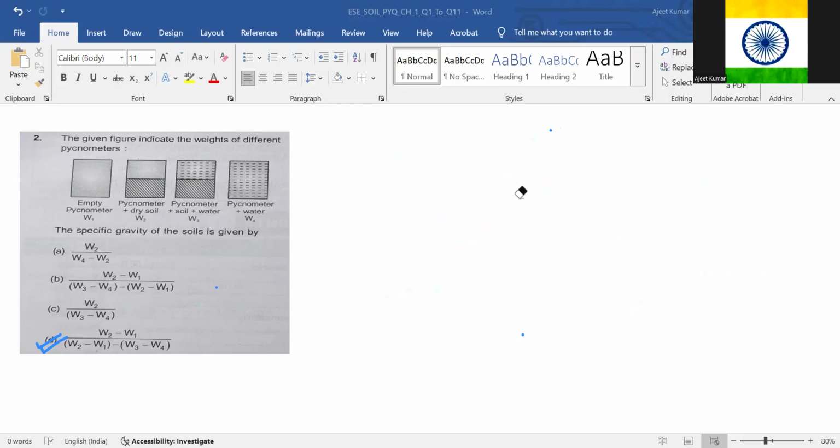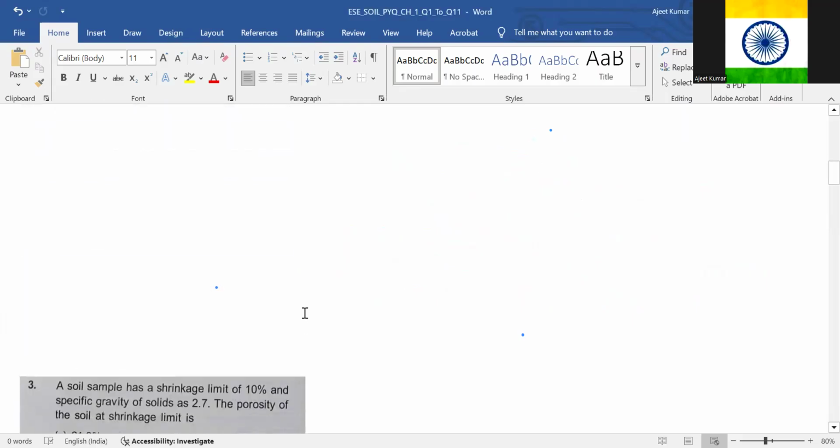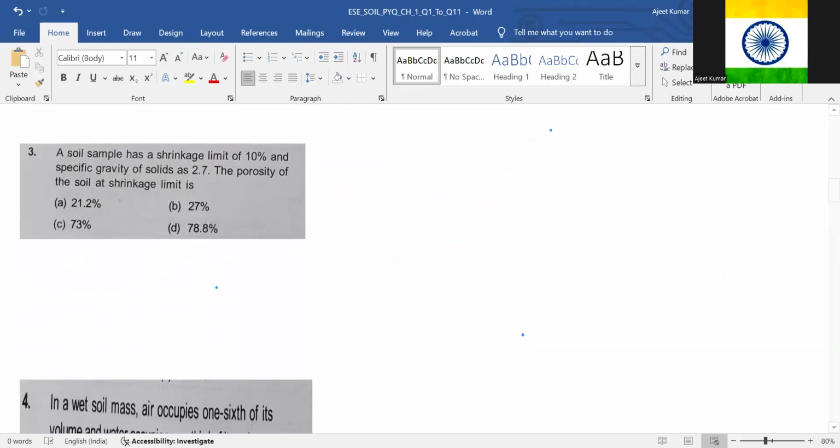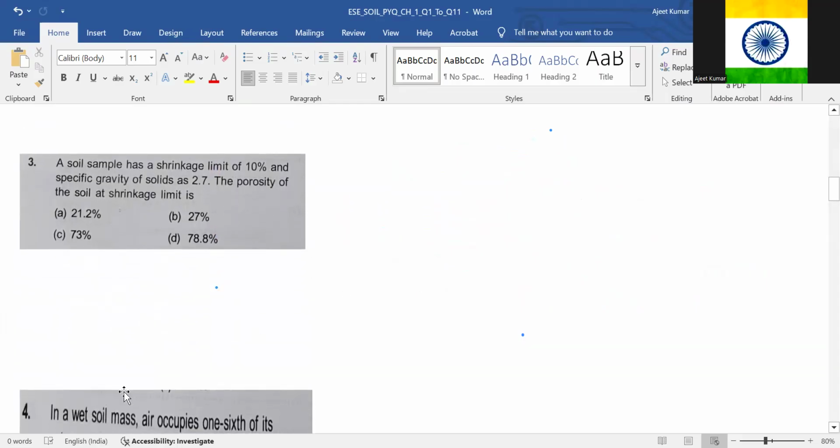What it is saying is that a soil sample has a shrinkage limit of 10% and a specific gravity of solid as 2.7. The porosity of soil at shrinkage limit is.